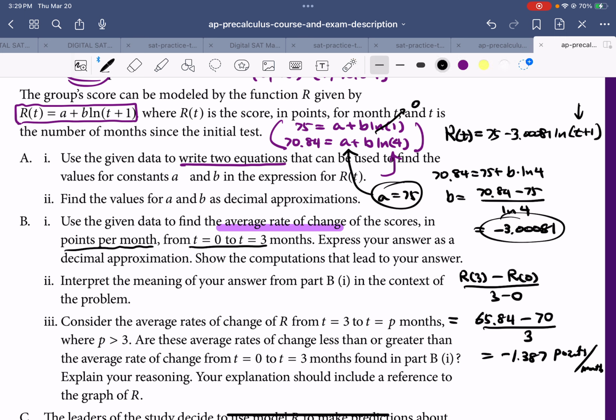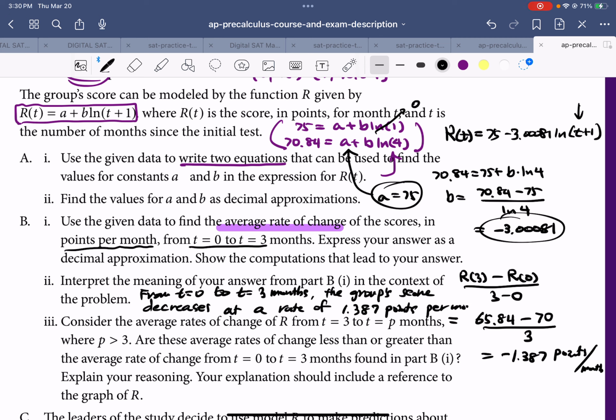So you can say, from t equals 0 to t equals 3 months, the group's score decreases at a rate of 1.387 points per month. Okay, that's what it meant in the context.